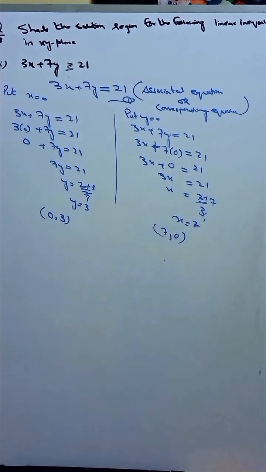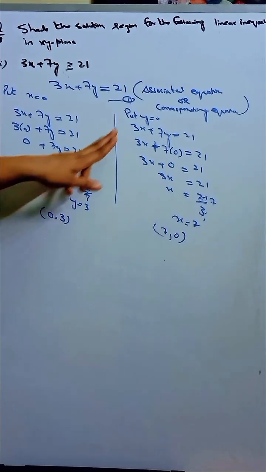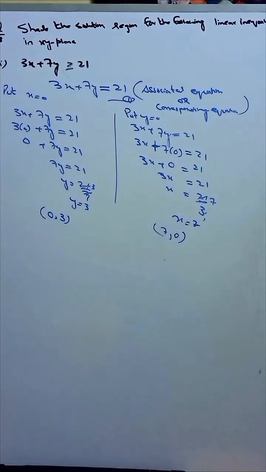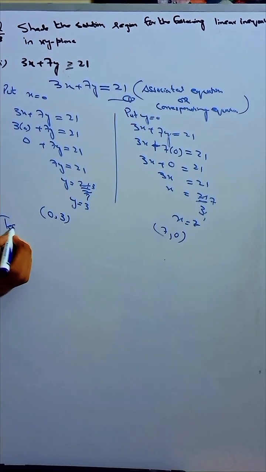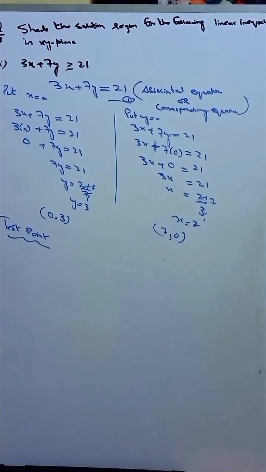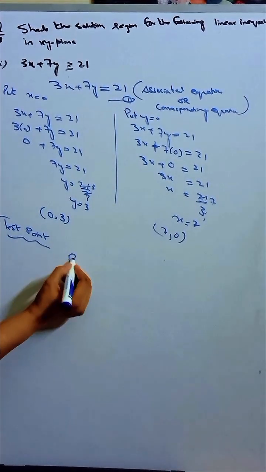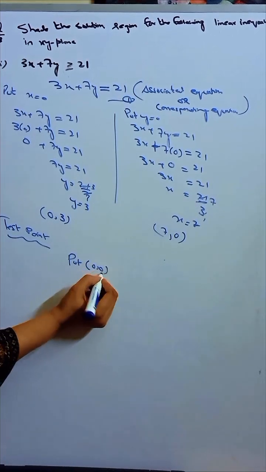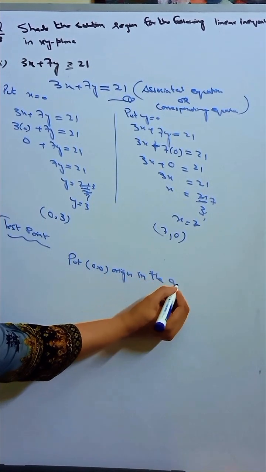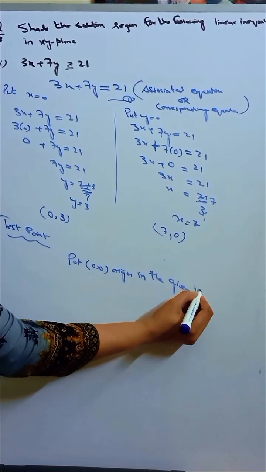Now, by putting x equal to 0, I get the ordered pair (0, 3). By putting y equal to 0, I get the ordered pair (7, 0). I hope it's clear. Now the next point is the test point. The test point is used to verify whether the inequality is true or false. For that purpose, we put the origin (0, 0) in the given inequality.